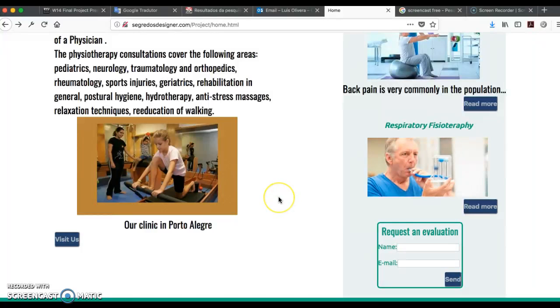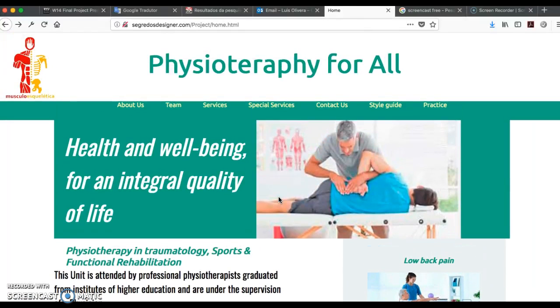The colors chosen were aquamarine, dark blue, yellow, and green.